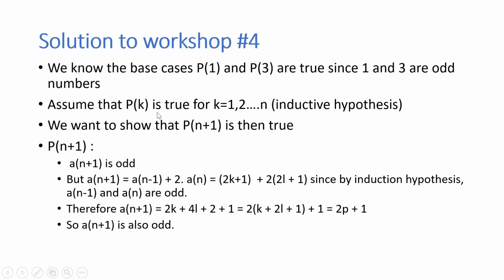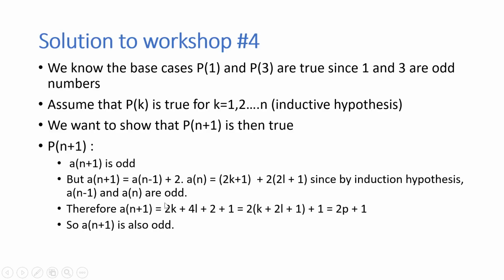Suppose we assume Pk is true for every k from 1 to n. That's the inductive hypothesis. We want to show that Pn plus 1 is also true. So Pn plus 1 says the term a subscript n plus 1 is odd. Obviously, I'm not writing this as a subscript, but this is really a subscript n plus 1.